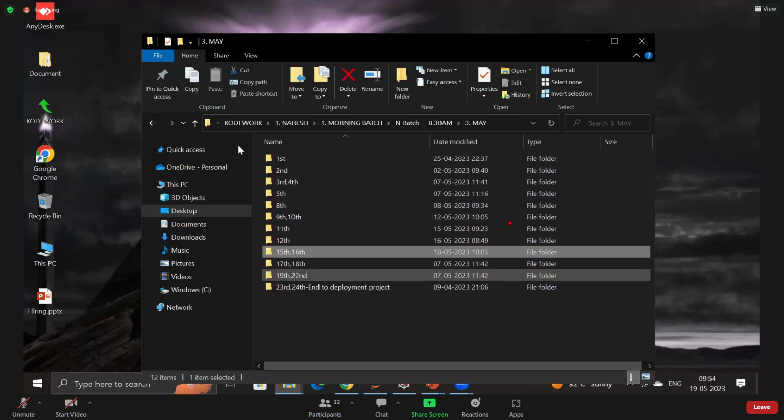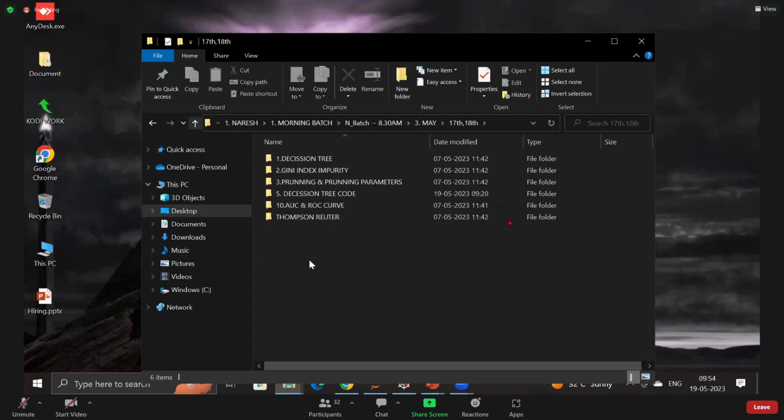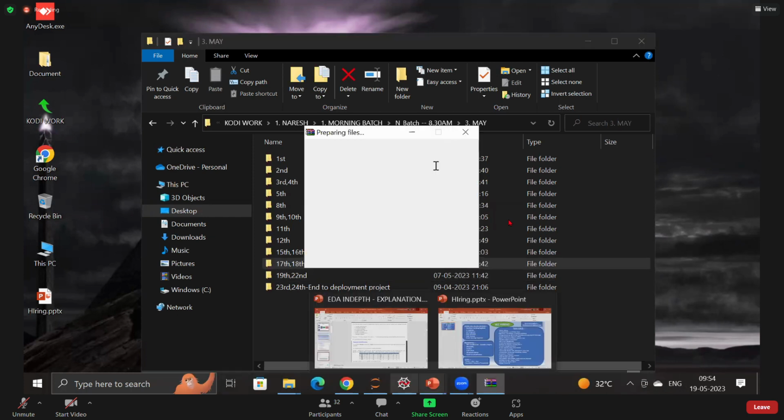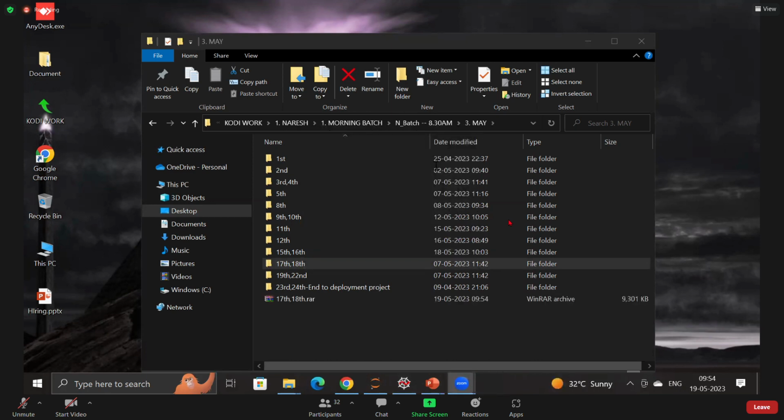I didn't share this one, the 17th and 18th. Right click and add to this. Okay, I'm going to share it right now. And yeah, when I explain random forest, then I will compare. Okay, Sashi? Yes. Once I explain random forest, then I will explain why we call it a decision tree. There's a little math in it, and once we understand that, we have covered it.